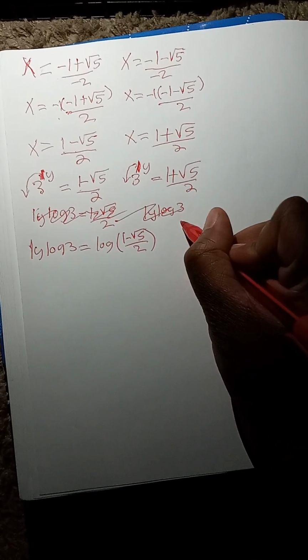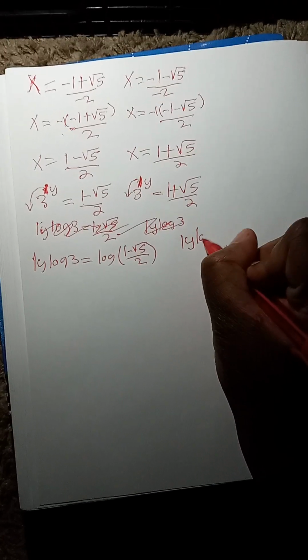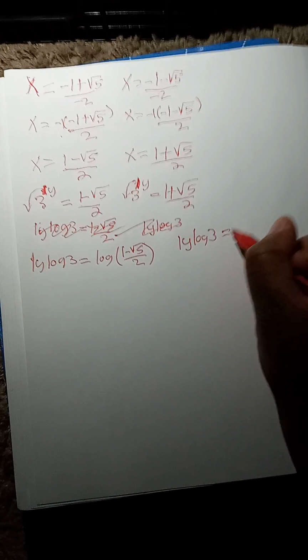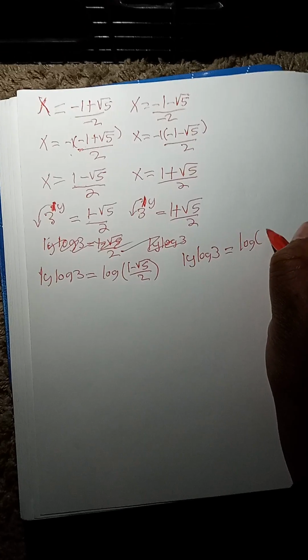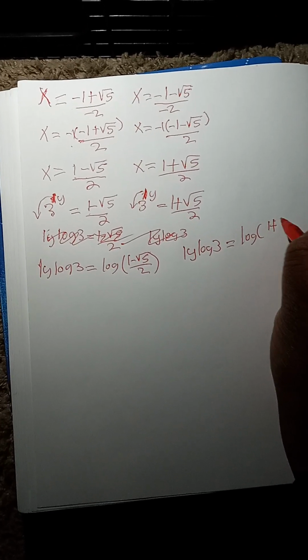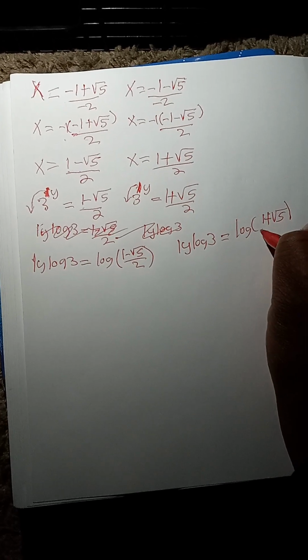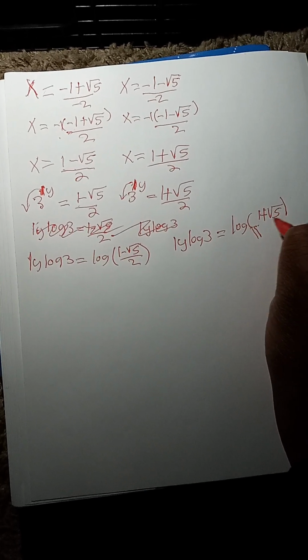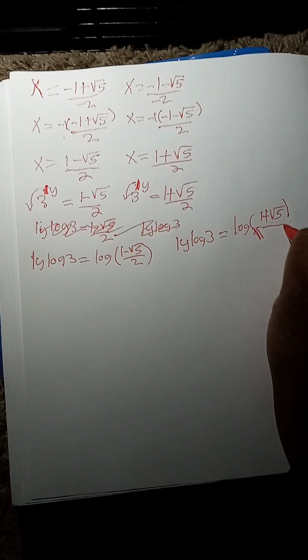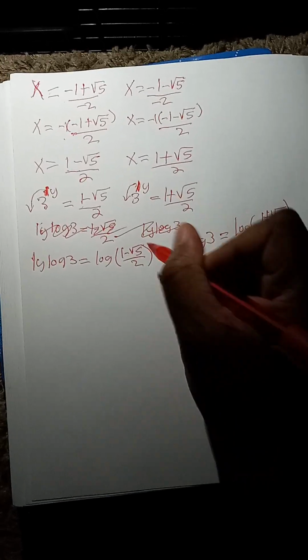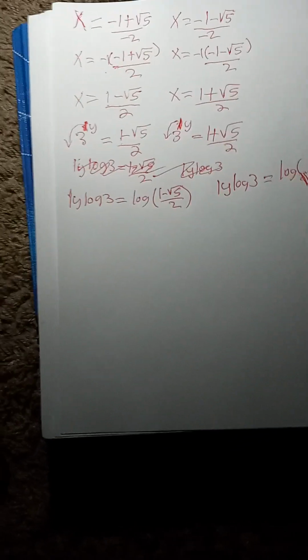And then y log 3 is equal to the log of 1 plus square root of 5 divided by 2.